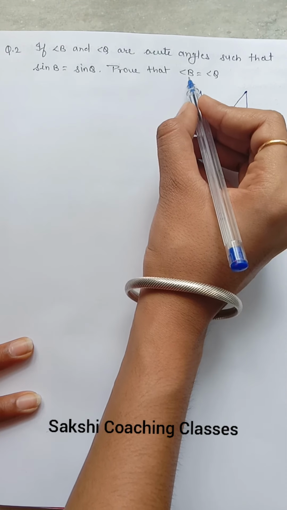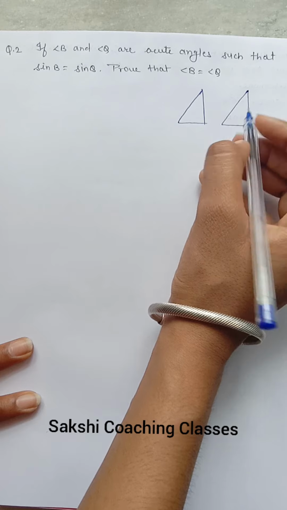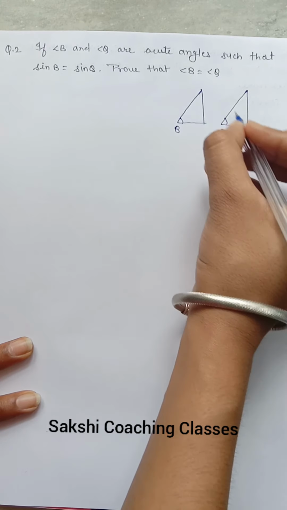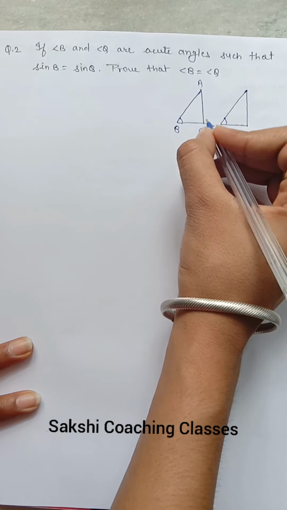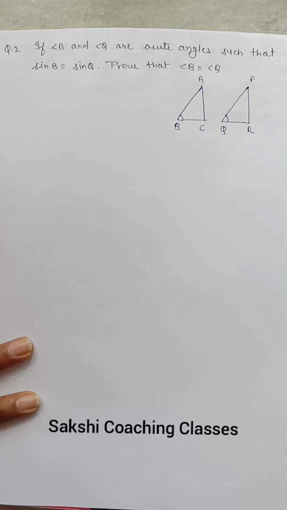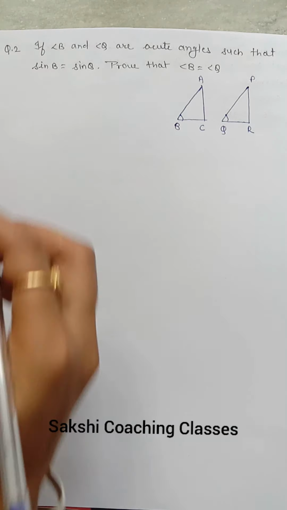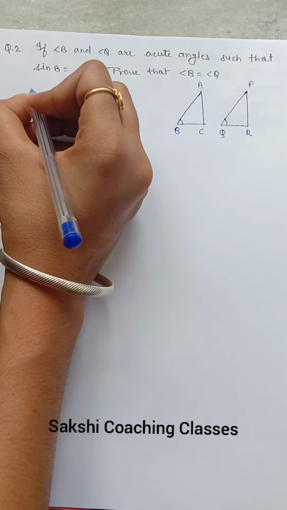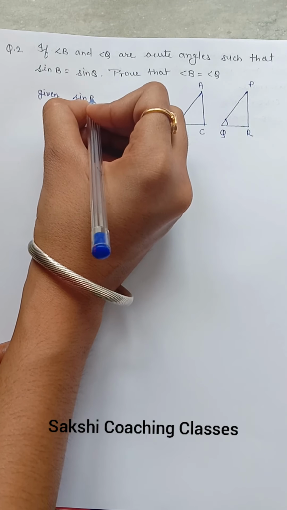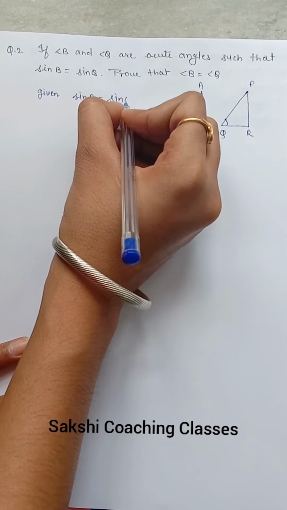You have to take B as an acute angle and Q as an acute angle. Name them ABC and PQR. Okay, now it is given that sin B is equal to sin Q.